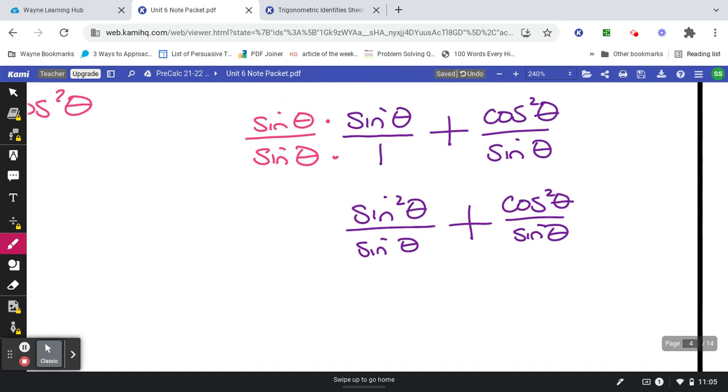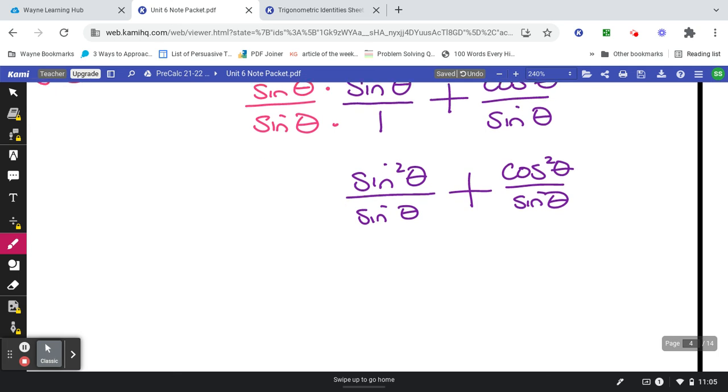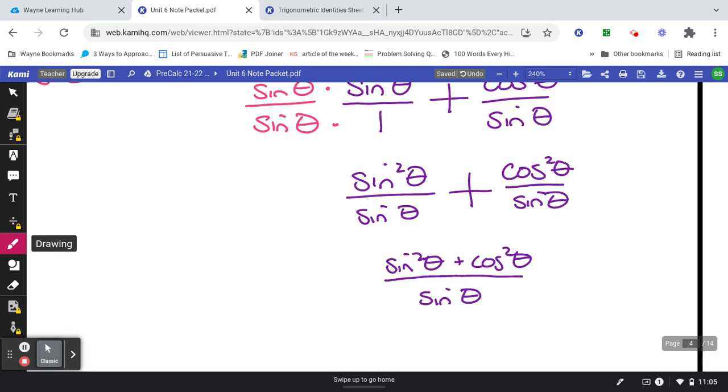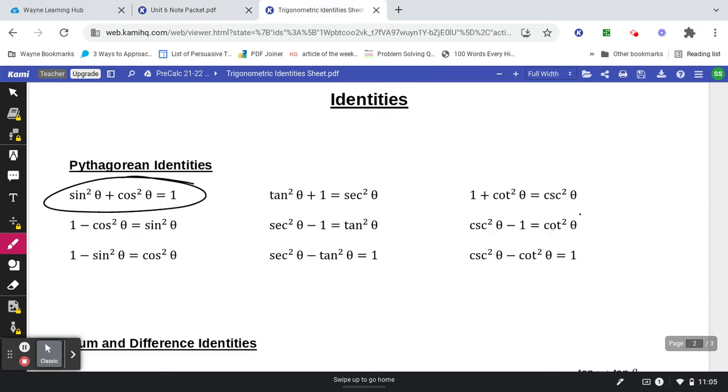Again, I still can't cancel, but at least now, because I have common denominators of sine, I can bring these two fractions together. Sine squared theta plus cosine squared theta. And if we just look at this top part right here, that's actually, again, one of our Pythagorean identities. This one that we already have circled right here. Sine squared plus cosine squared. So when I see sine squared plus cosine squared, I am allowed to replace it with 1.